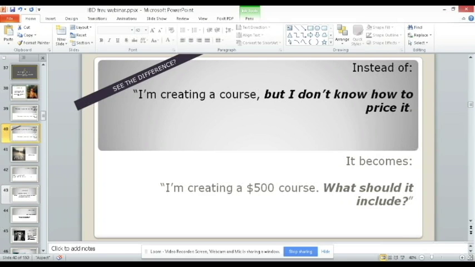See the difference? So now you're not saying, oh my gosh, I want to create a course, but I don't know how much to charge. I'm thinking I'm just going to charge $99 because it's a lot of information, but I don't want to overprice it and I'm scared that no one's going to join. Versus, look, I'm creating a course. It's $500. I'm going to make sure that these things are included. And if you bought these things elsewhere, each of them would be worth $500 individually.